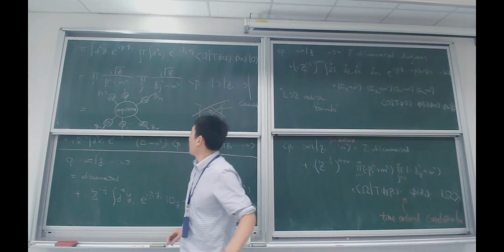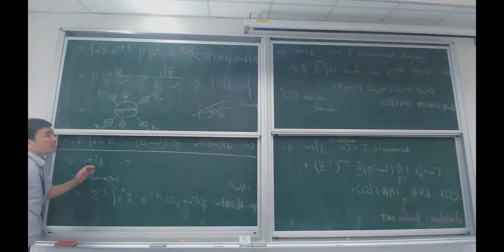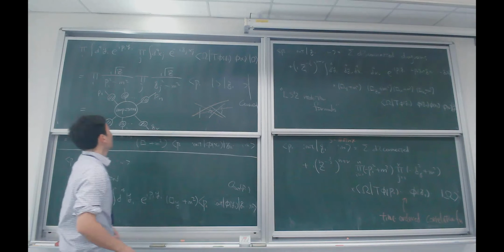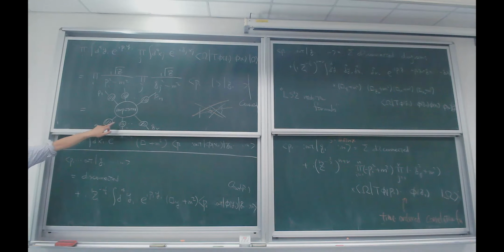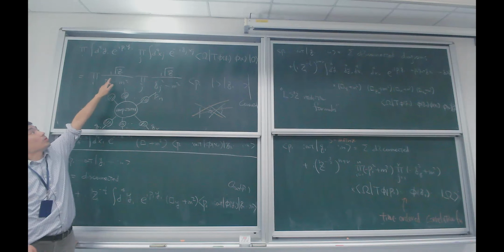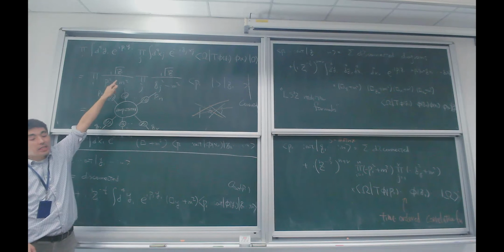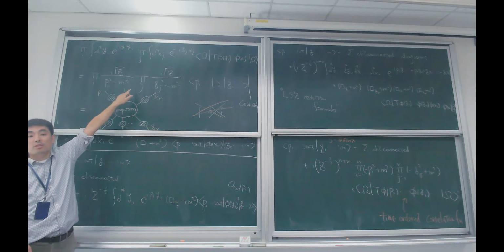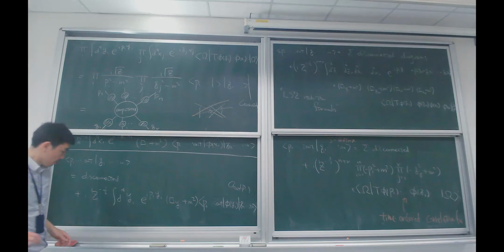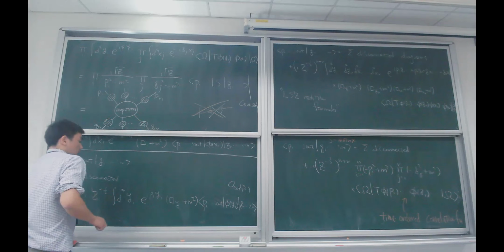Yeah, so this is not included. And then here you have a quantum correction for the propagator. This quantum corrected propagator stands for this one, i times square root of z over p squared minus m squared. So this is the propagator. Of course, then let me write it down in color.